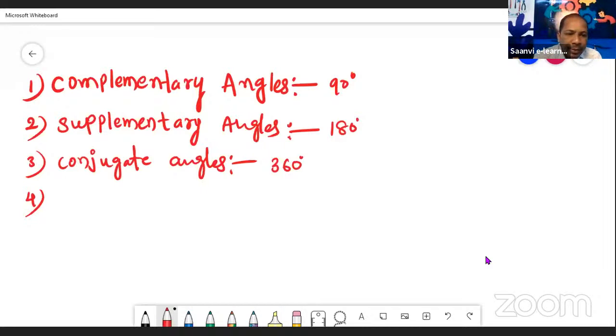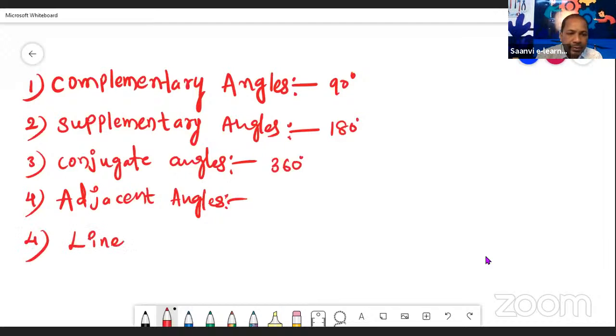And the next one is adjacent angles. And after this, linear pair of angles. And the next topic is vertically opposite angles.